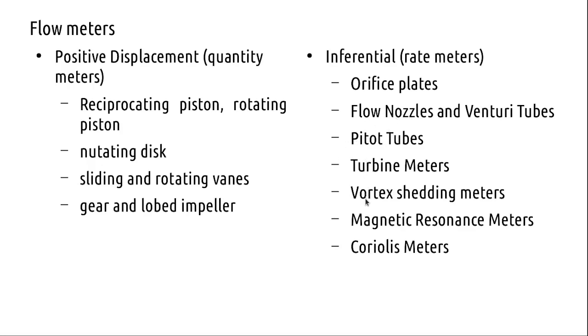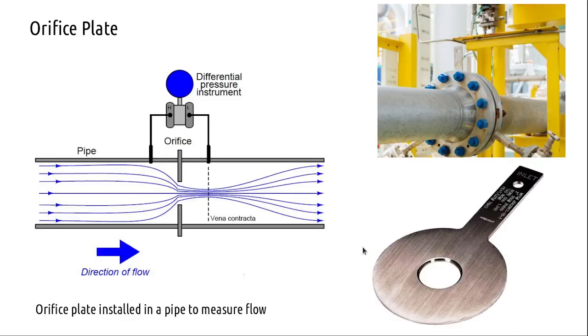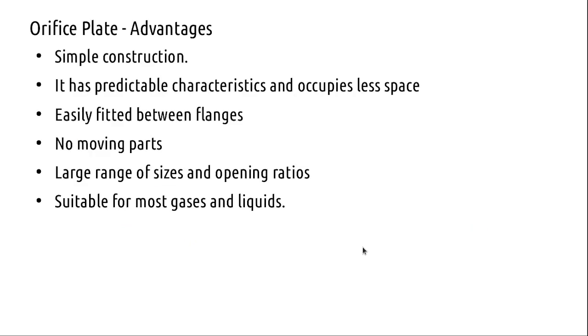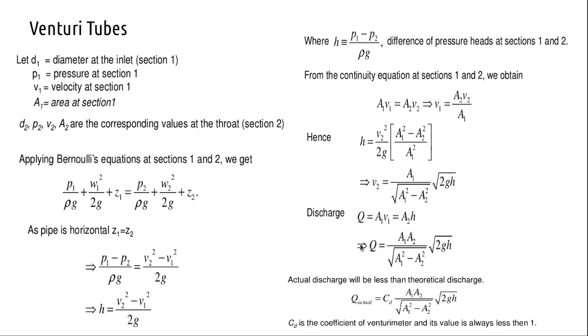We are not discussing these as of now. We will discuss Coriolis meters later, mass flow meters later. These are mass flow meters. We will discuss positive displacement type of meters and then come back to this. That is the way we will go about this.